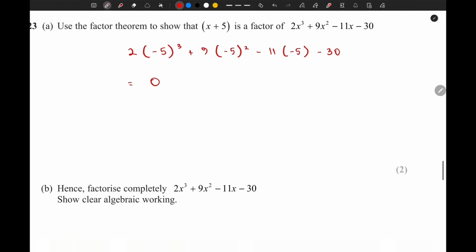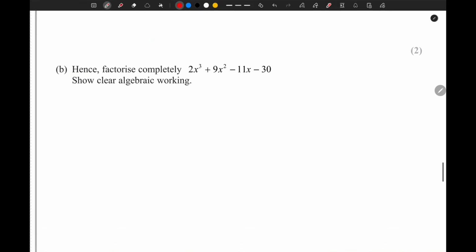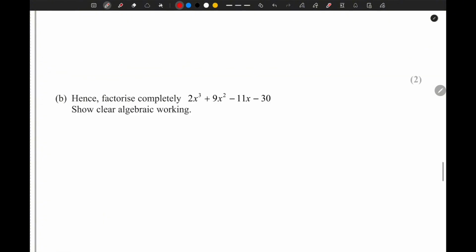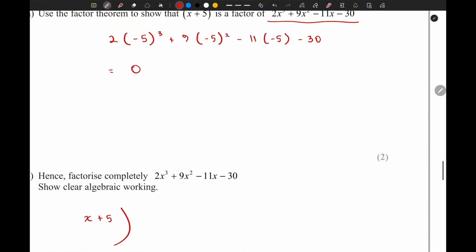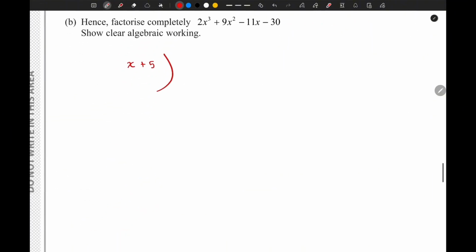Alright, now moving on to the next part, we need to factorize this expression completely. First of all, we need to use long division. We need to divide this expression by one of the factors, which is x plus 5. So x plus 5, we need to divide the 2x cubed plus 9x squared minus 11x minus 30.